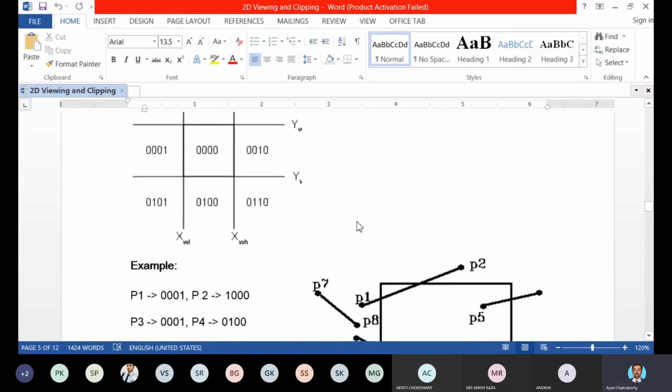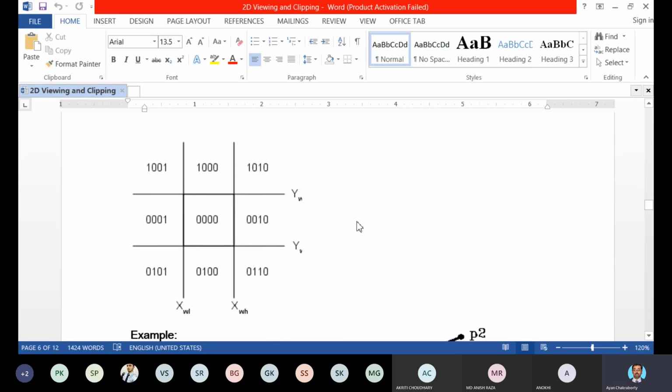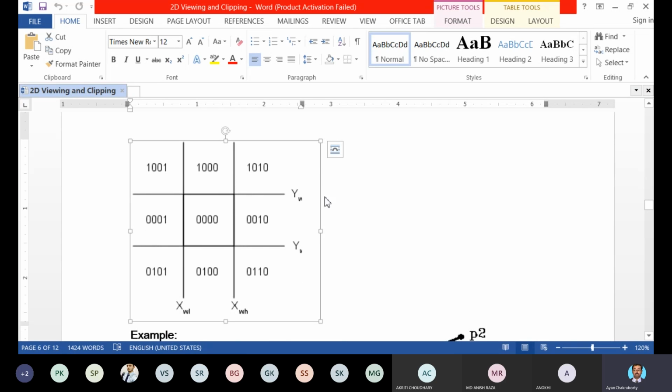As you can see here, there are 9 regions we have created.